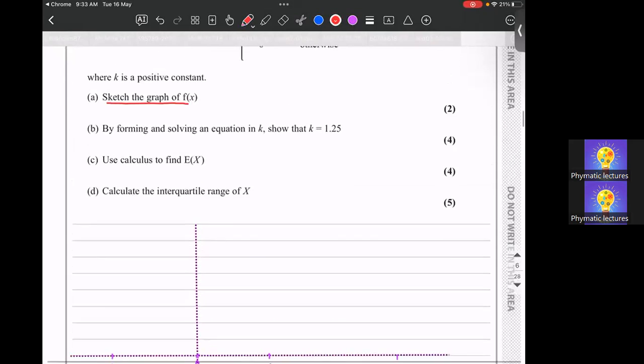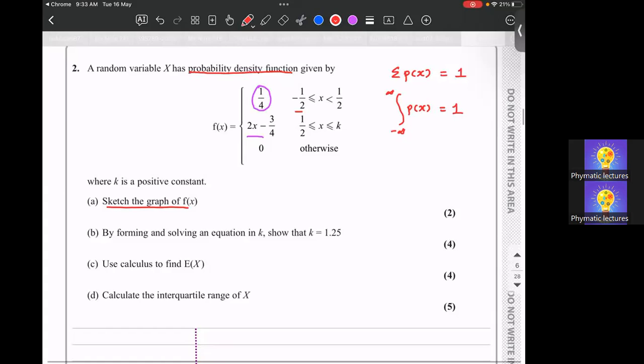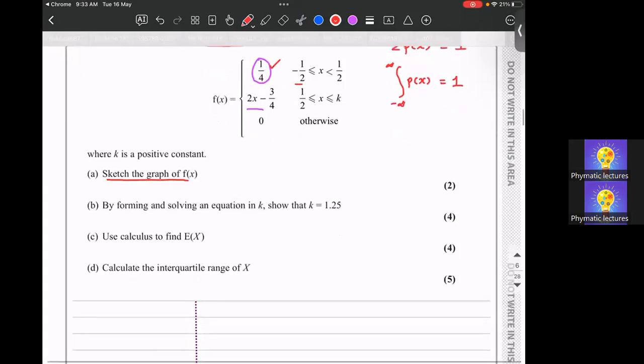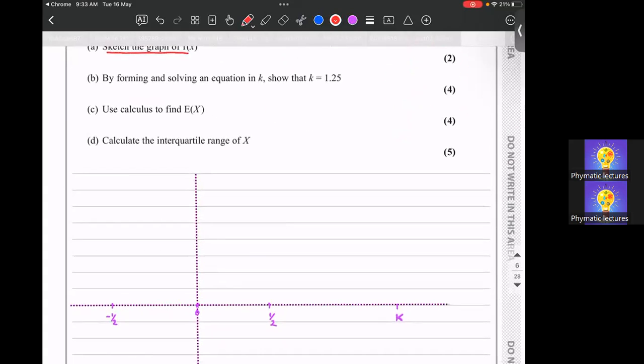Now, you can see the first part has a constant value 1/4. I'm keeping it as 1/4.